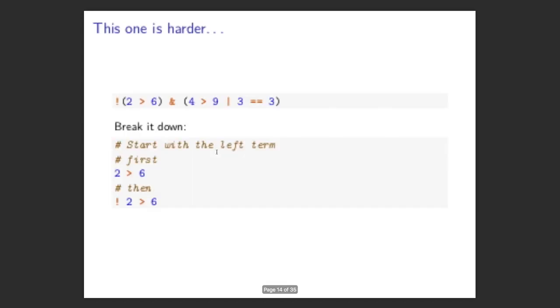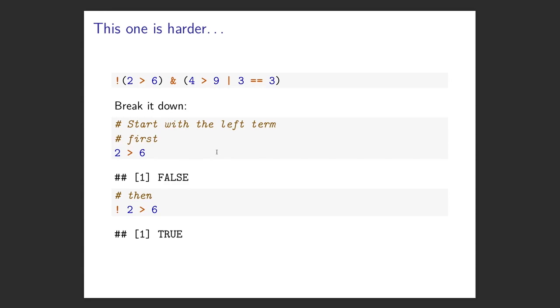So on the left side, 2 greater than 6, that's false. So then we say not 2 greater than 6, not false is true. So on the right side we have true, which means we have to evaluate the next thing. Now here's a nice thing about and. If we got false on the one side, we're done. We know the whole thing is false.